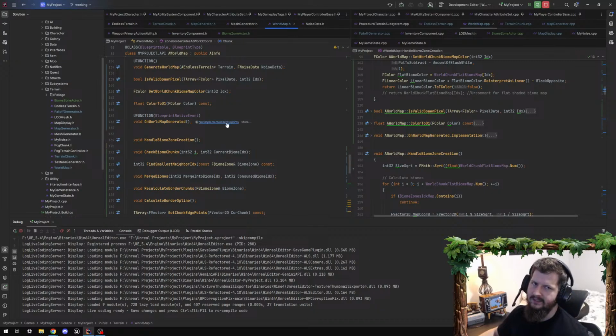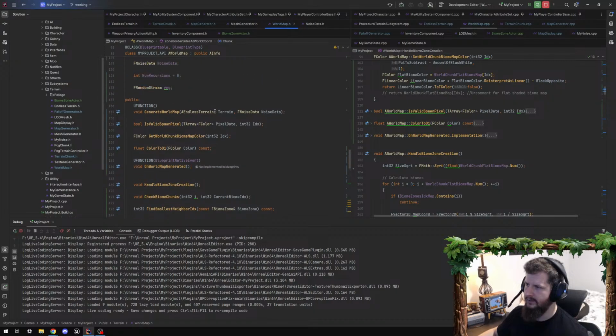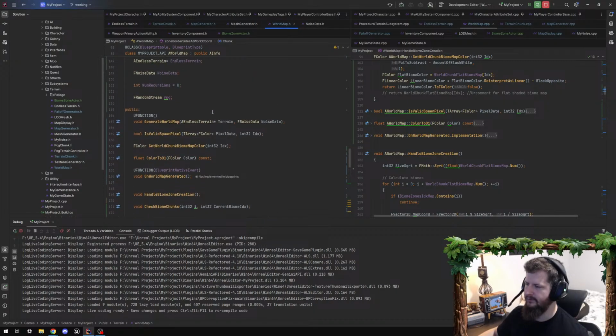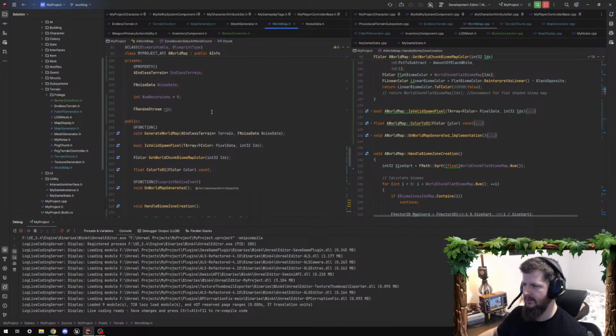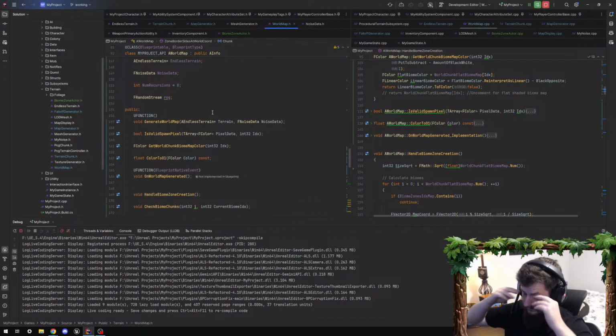So it's almost like I need a biome controller or something like that. But I don't know if I want it to be a component or its own thing. I can see reasons for doing both, but I'm not fully certain.